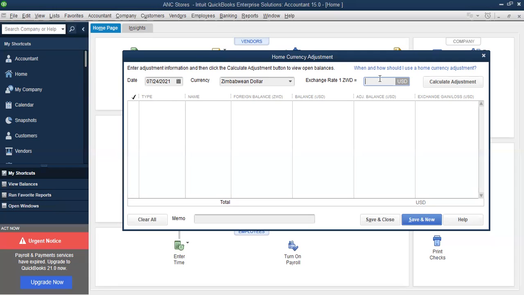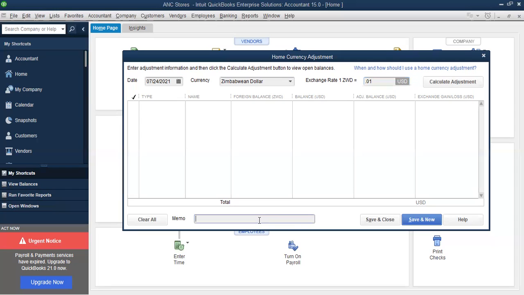For example, if we are reporting in US dollar and the rate is per 100, we go to the calculator, 1 divided by 100. That will give us 0.01. Can someone give me 1 divided by 100? 0.01. Excellent. So this is the rate for US dollar.